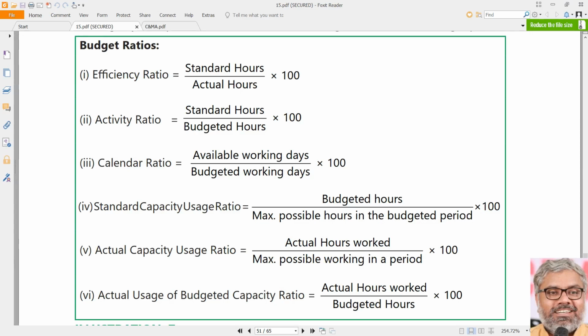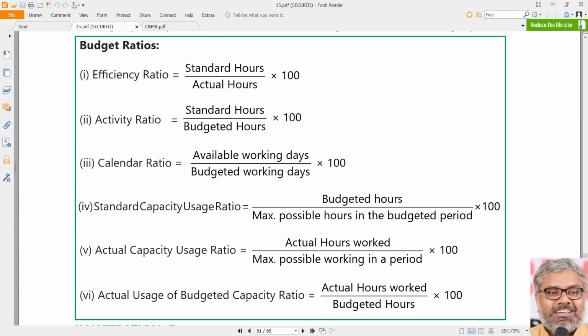Not necessarily will organizations always use 100% of their capacity. If the budgeted capacity is only 70%, that means standard capacity usage ratio will be 70%. So that is shown by calculating the ratio between two items, budgeted hours divided by maximum possible hours in the budgeted period. That gives us standard capacity usage ratio.